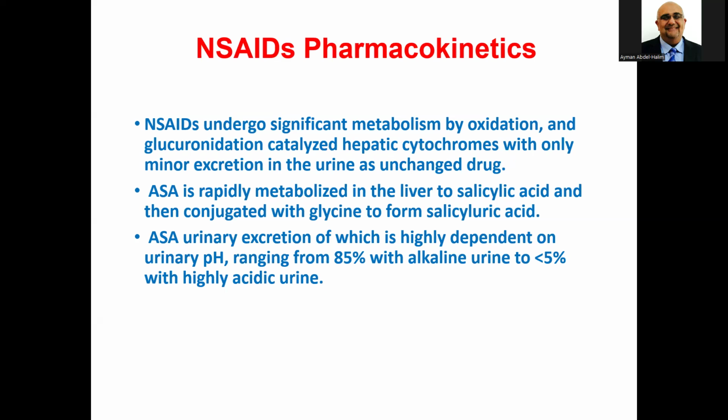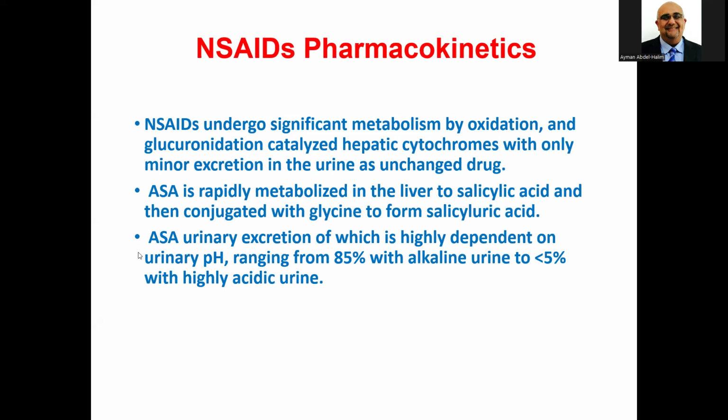NSAIDs undergo significant metabolism by oxidation and glucuronidation catalyzed by the hepatic cytochromes, with only minor excretion in the urine as unchanged drug. Aspirin is rapidly metabolized in the liver to salicylic acid and then conjugated with glycine to form salicyluric acid.